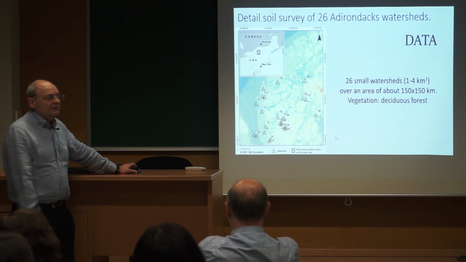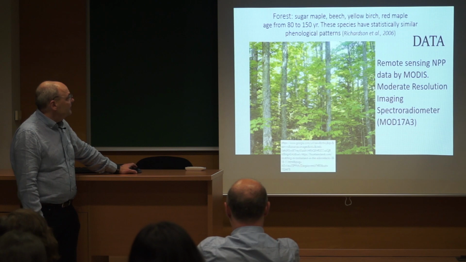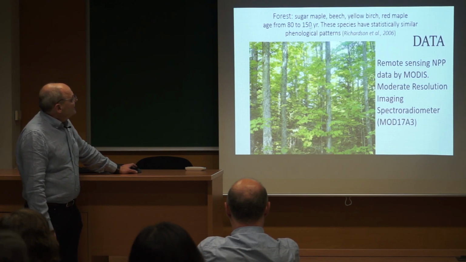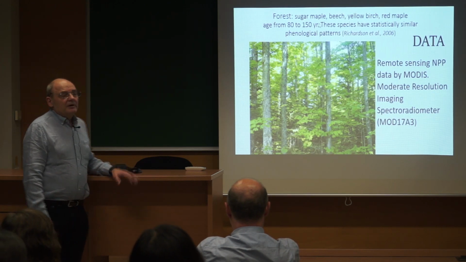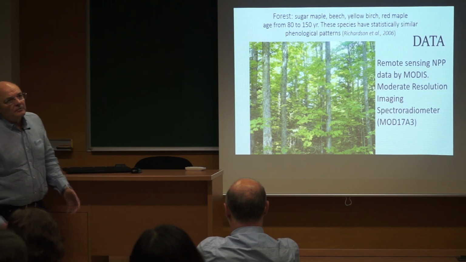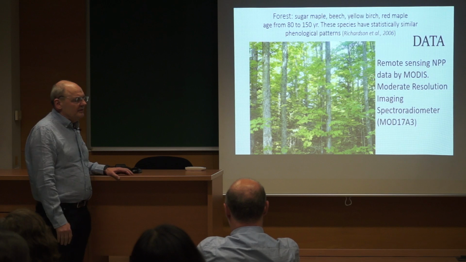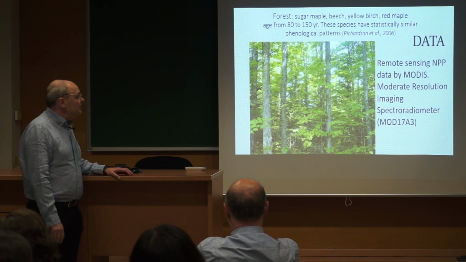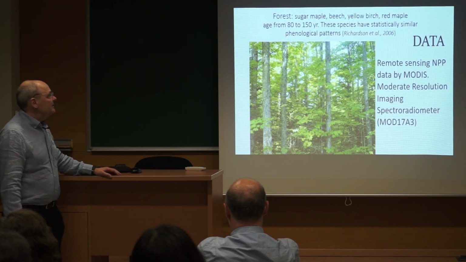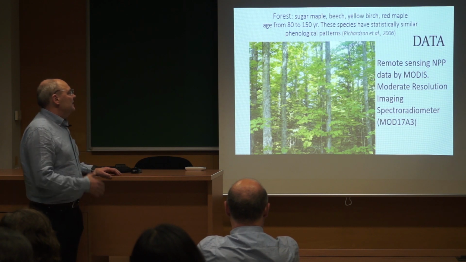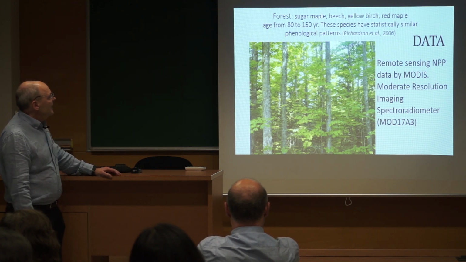Vegetation, as I previously mentioned, is a deciduous forest. Forests consist mostly of sugar maple, and as a matter of fact, that was the original reason for this study. Sugar maple is an important commercial species, especially in the northeast of the United States, but there is also beech, yellow birch, red maple.